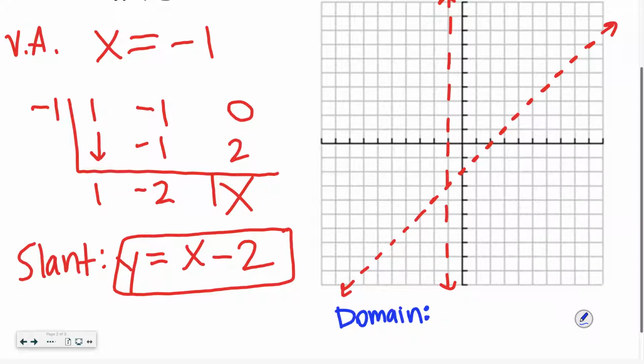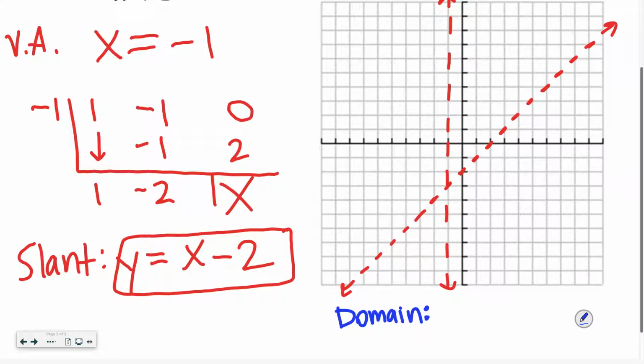Okay. Emma, what's our domain going to be? What number do we need to exclude from our domain? Yeah, -1. Okay, because what's happening at -1?